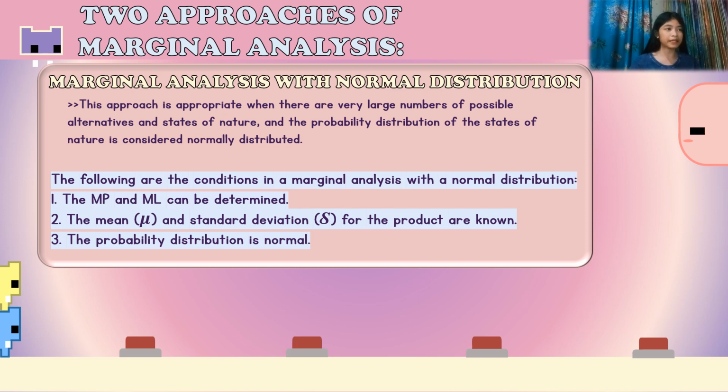First, the MP and ML can be determined. When we say MP is the marginal profit, ML is the marginal loss. So, kailangan ma-determine yon. Second, the mean and standard deviation for the product are known. And third, the probability distribution is normal.